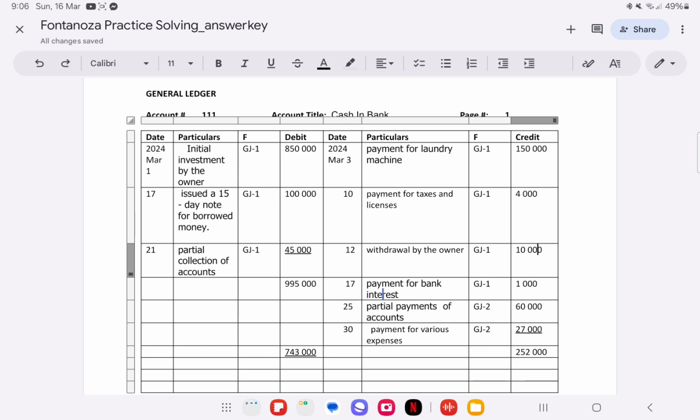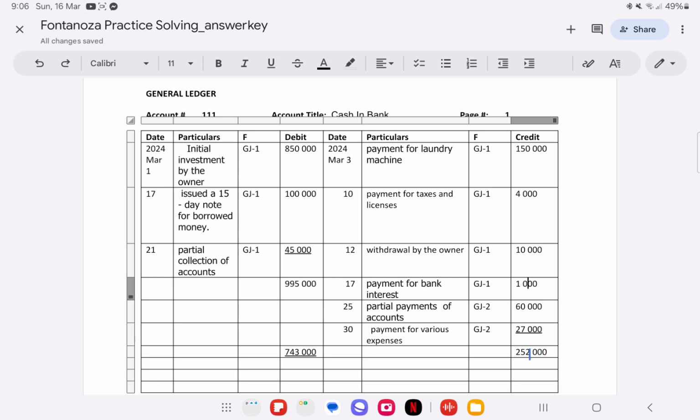But if I will let you get the normal balance of this account, total this one: 850,000, 100,000, 45,000. That's a total of 995,000. Then 150,000 in credit, 4,000, 10,000, 1,000, 60,000, 27,000, total of 252,000.